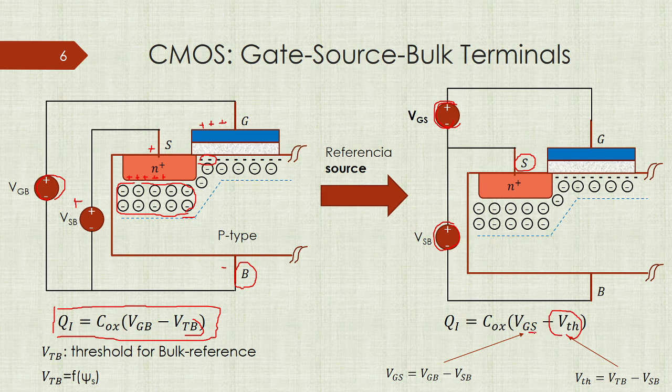Now we are using VGS, but this VTH will be equal to the threshold with respect to the bulk minus the voltage VSB. So if we replace those expressions, the charge in these two equations is the same.